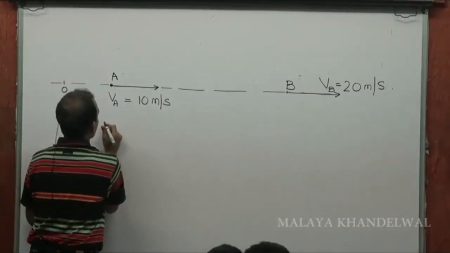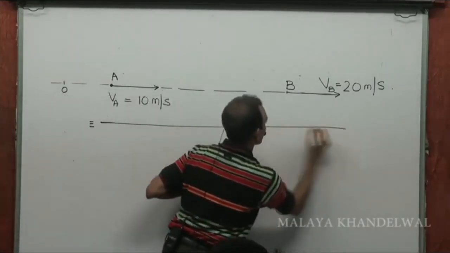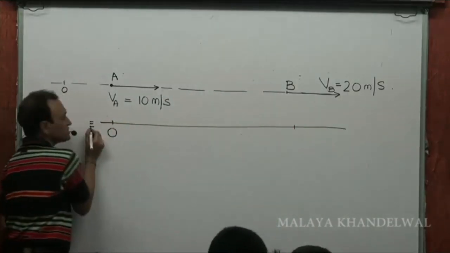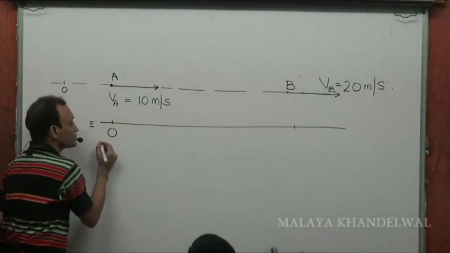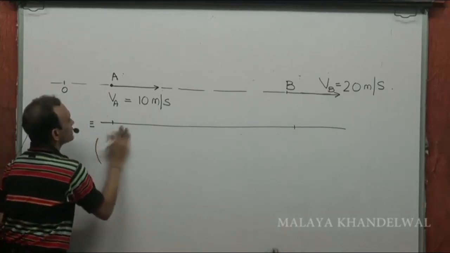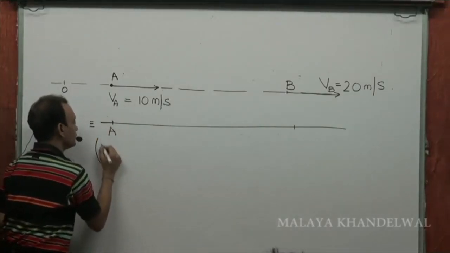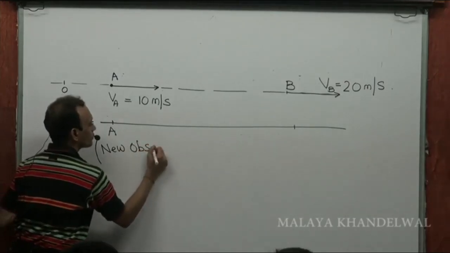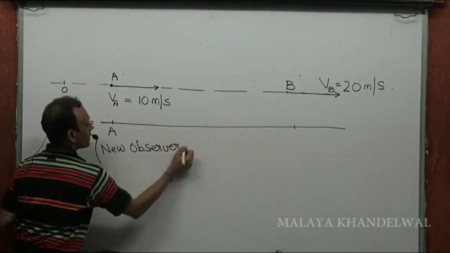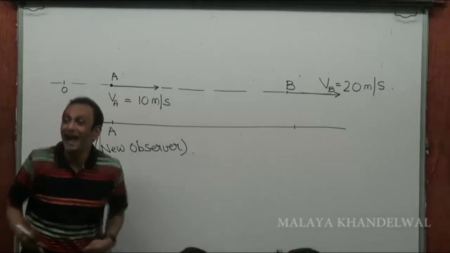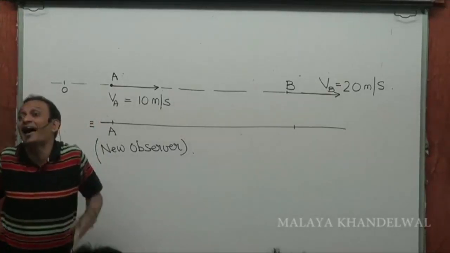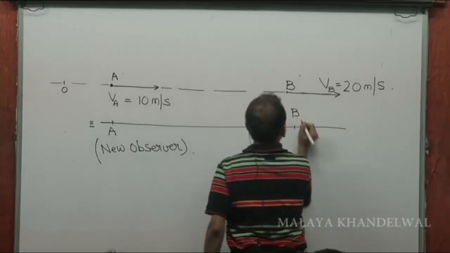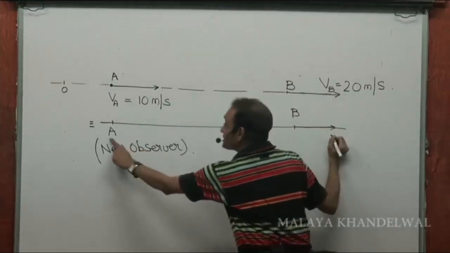If A is looked upon as an observer, that means this is an equivalent situation in which A is our new observer, as if A is at rest, that's why equivalent, and B moves to the right as seen by this observer.